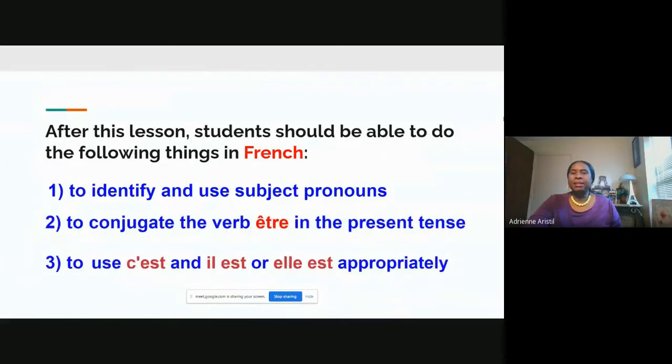After this lesson, students should be able to identify and use subject pronouns, to conjugate the verb être in the present tense, and to use c'est and il est or elle est appropriately.